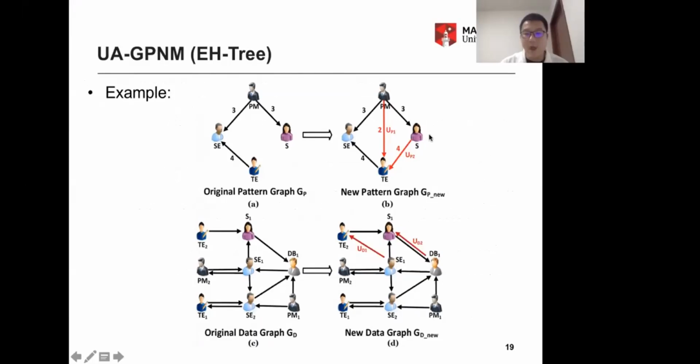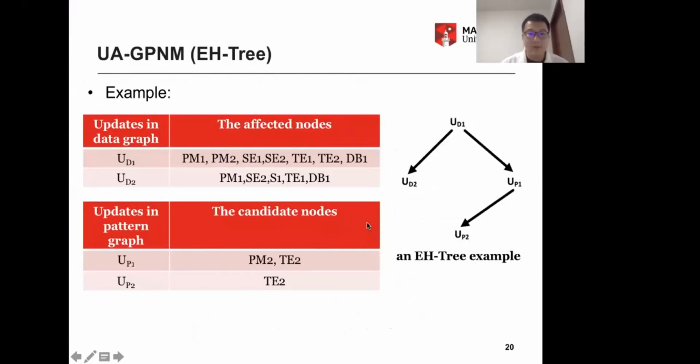Here we have 4 updates, 2 updates in the pattern graph and 2 updates in the data graph. So for these 4 updates, we first detect the affected nodes and the candidate nodes for the updates in data graph and for the updates in pattern graph. This is the affected nodes, this is the candidate nodes. Because UD1 has the maximum number of affected nodes, it is set as the root of the EH tree.